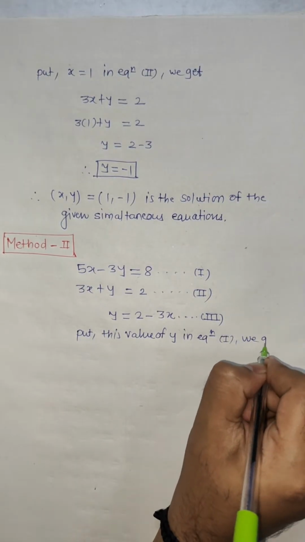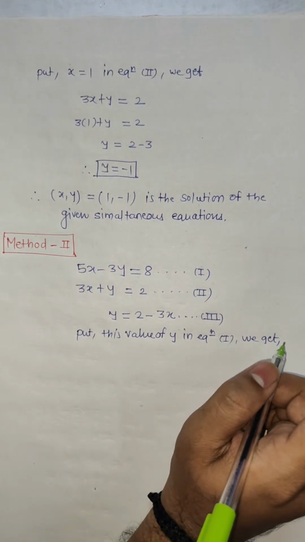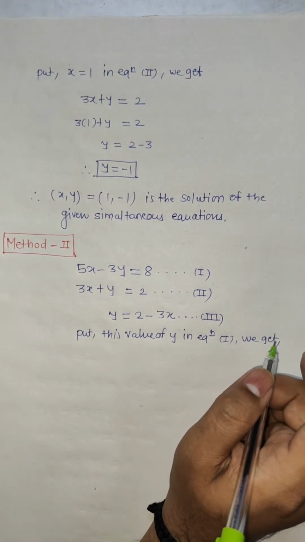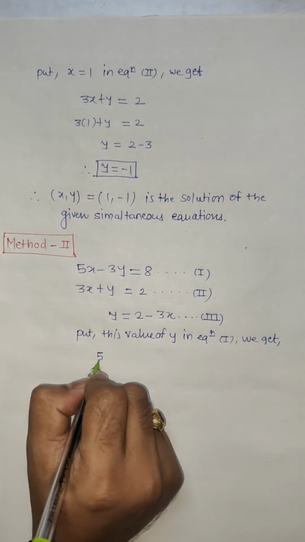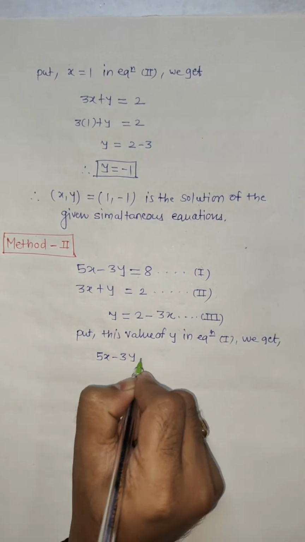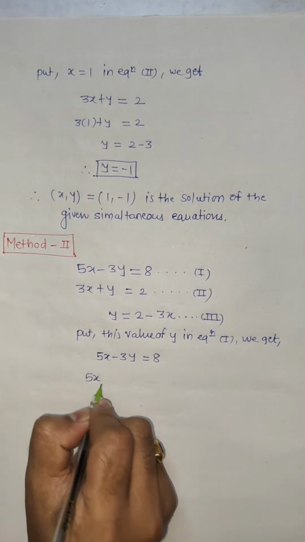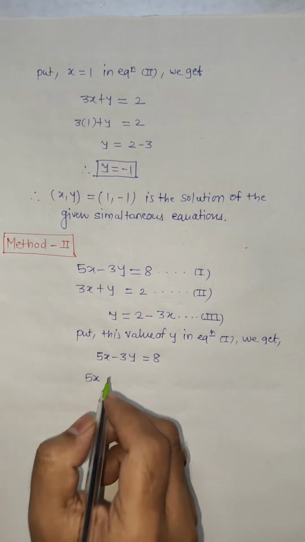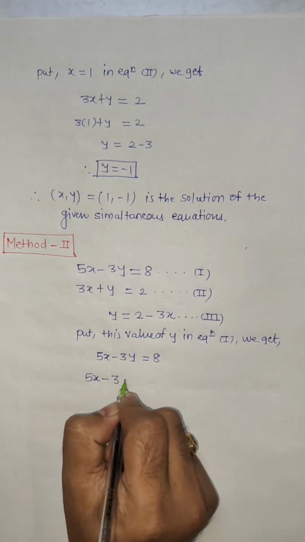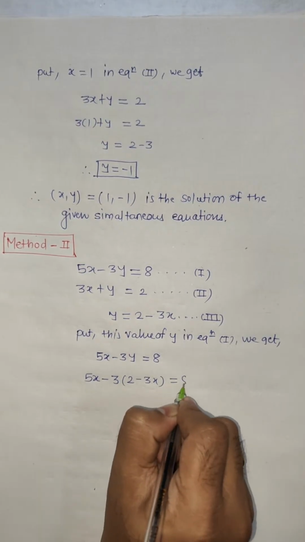We get 5x minus 3y is equal to 8. Write down the equation here. 5x minus 3y is equal to 8. Here the value of y is given to you, so 5x minus 3 into 2 minus 3x is equal to 8.